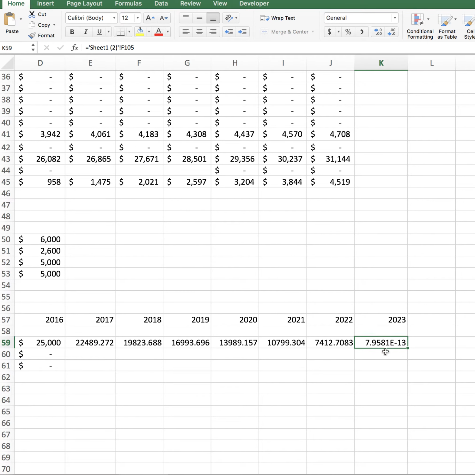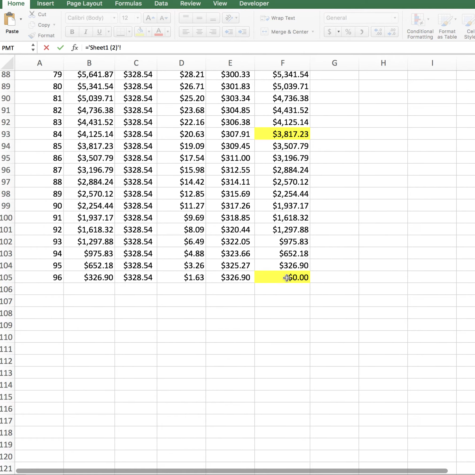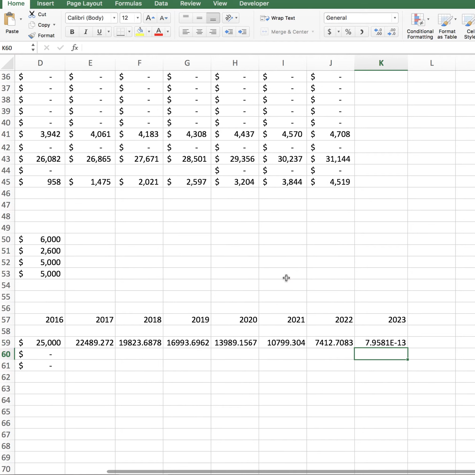So this number is unusual. Sheet F105, I'm not sure what that is. Hold on a second. This equals, this sheet F105 is 0. So why won't that show up as 0? Enter. Huh. Oh, it's 0.